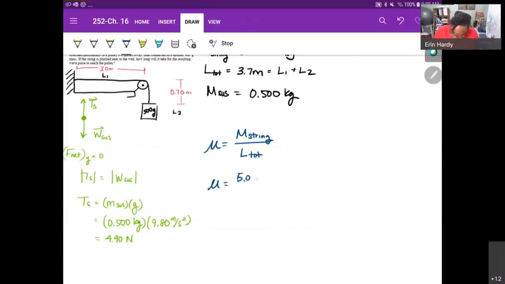This is 5.0 times 10 to the negative 3 kilograms divided by the full 3.7 meters. And let's see.